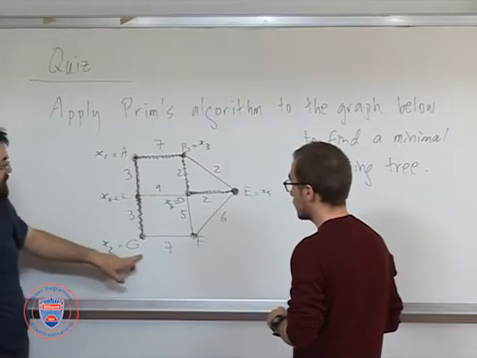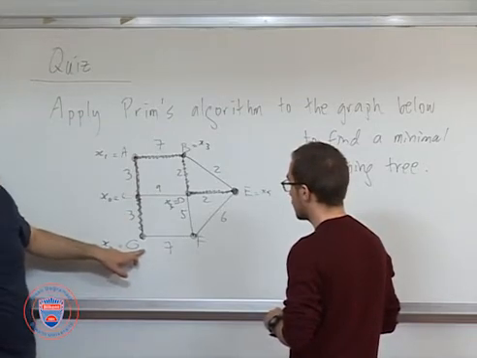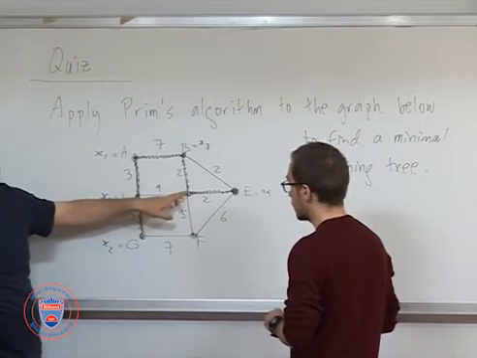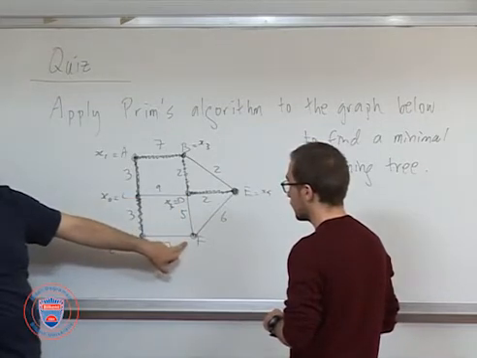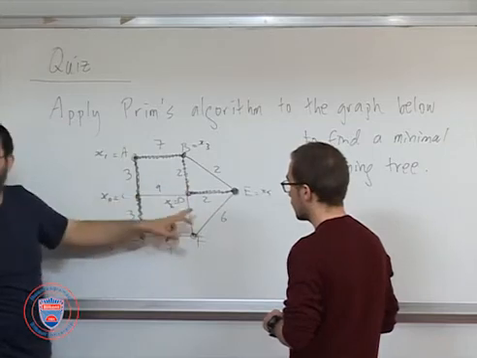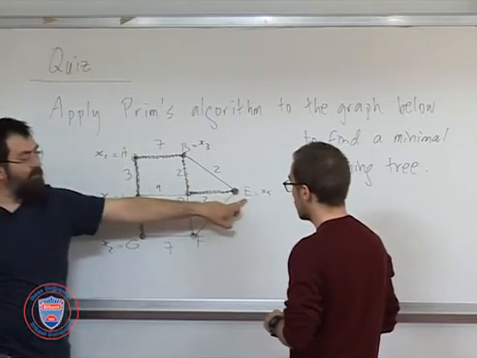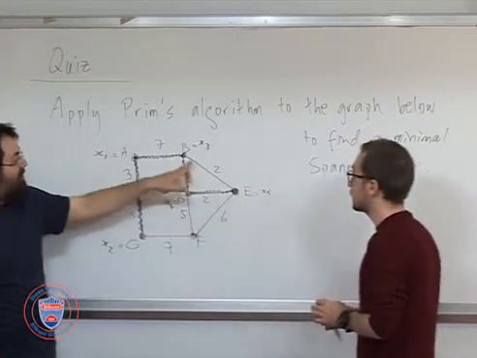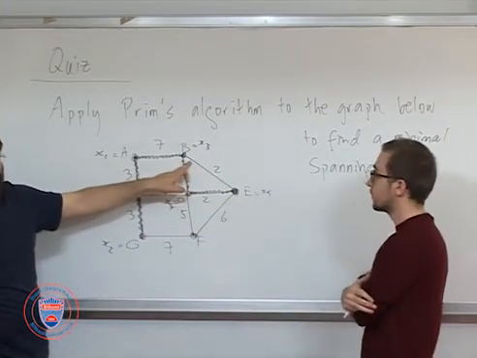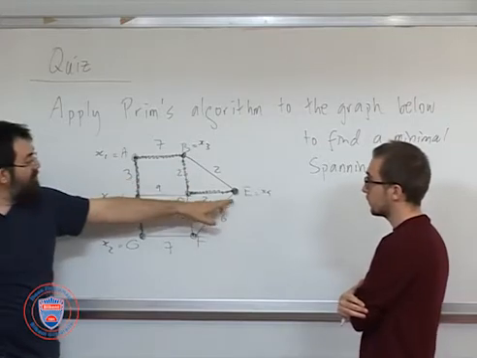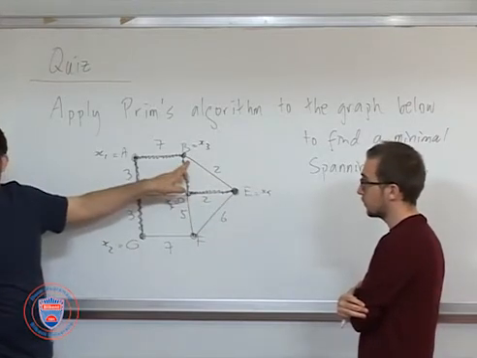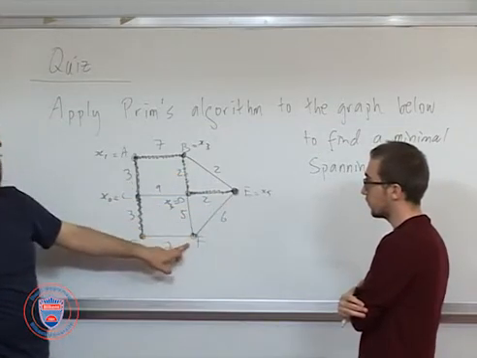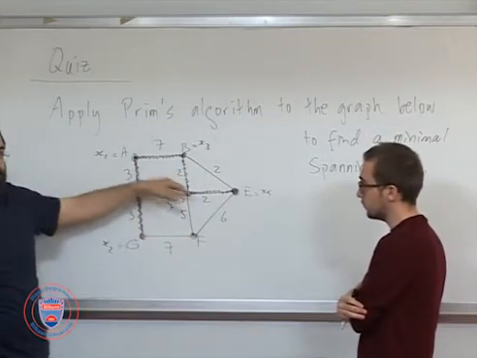So for x2, for example, when we're choosing y2, we're looking at this one. But for x4, when we're choosing y4, we are looking at this one again. We are not looking at other vertices. For x5, when I am looking for y5, I do not look at this because this is already chosen as x. Because of that, I cannot really have a cycle by my choice of y's, because y's are always chosen outside of the already chosen graph.